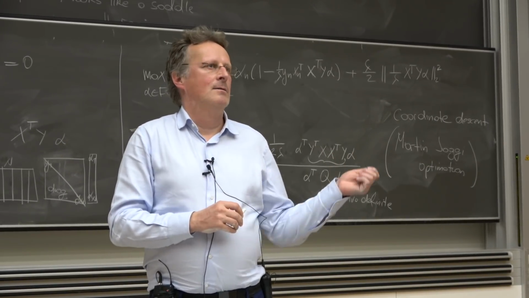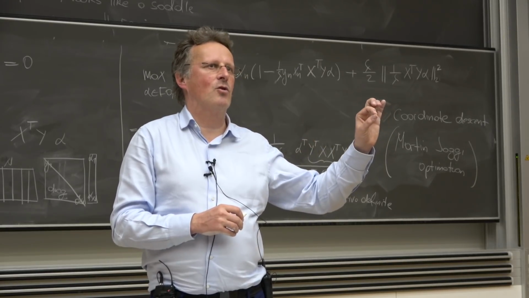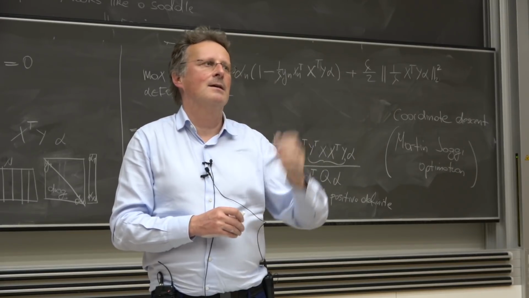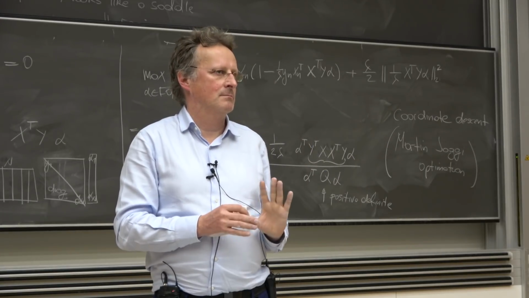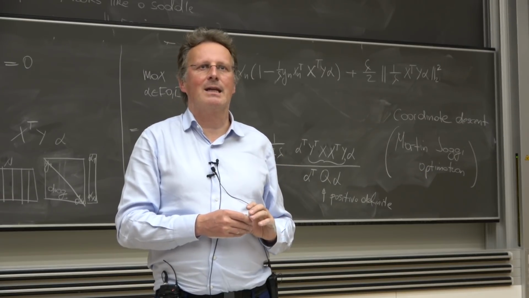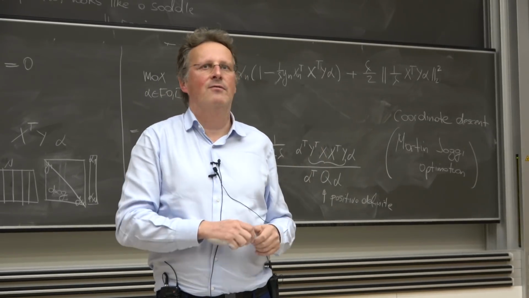At any point in time you simply pick one coordinate, you optimize along that coordinate, pick another coordinate, optimize along that coordinate, you go on. That's it. Much simpler even than stochastic gradient where you need to compute gradients. Here you always just have basically a one-dimensional thing that you have to do.